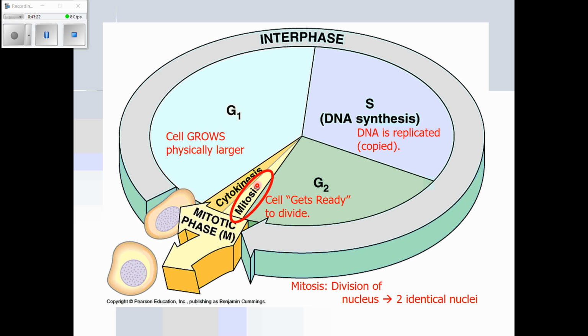At the end of interphase, or right after interphase, comes a relatively brief period of time known as mitosis. We're going to focus on mitosis in the next lesson. Mitosis is the division of the nucleus. It's splitting all of the chromosome copies apart so that the cell ends up with two identical nuclei.